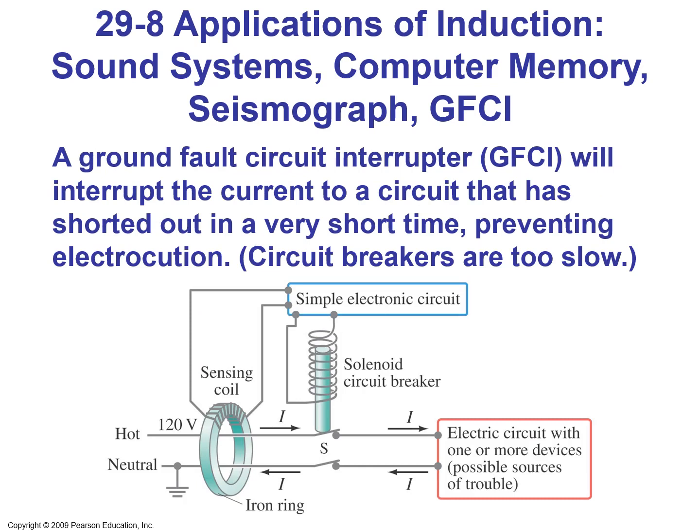A ground fault circuit interrupter, or GFCI, will interrupt the current to a circuit that has shorted out in a very short time, preventing electrocution. Circuit breakers are too slow for this application.